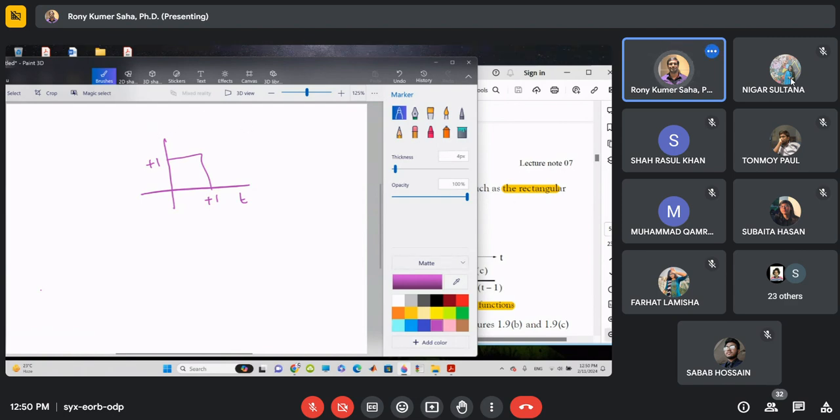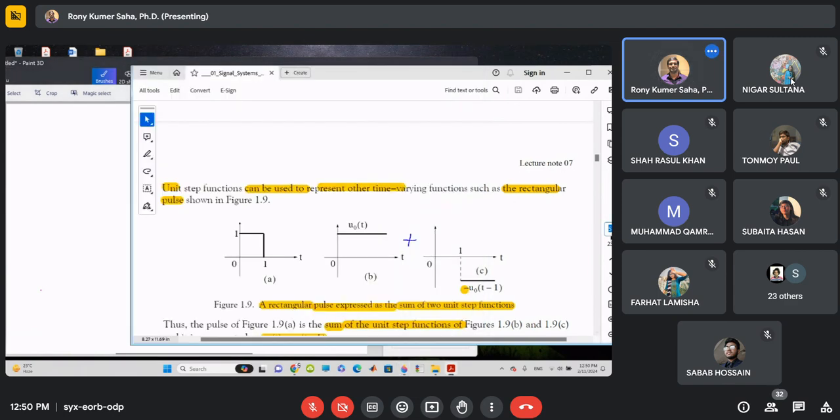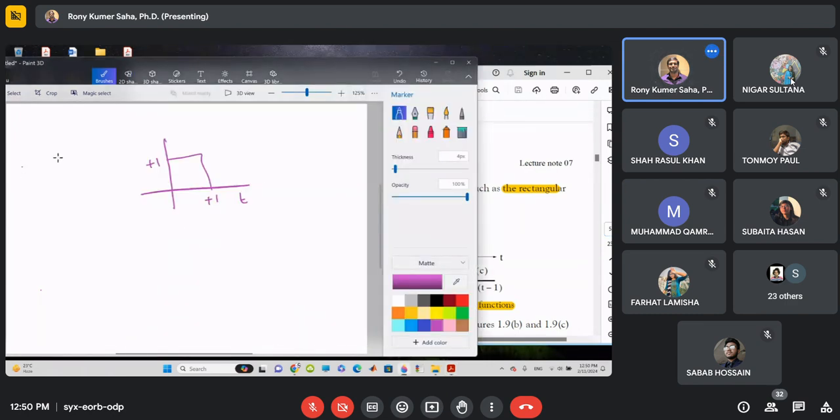Okay, the magnitude could be anything. For example, let's use this one as well, b of t. Now you have to represent this using a unit step function.